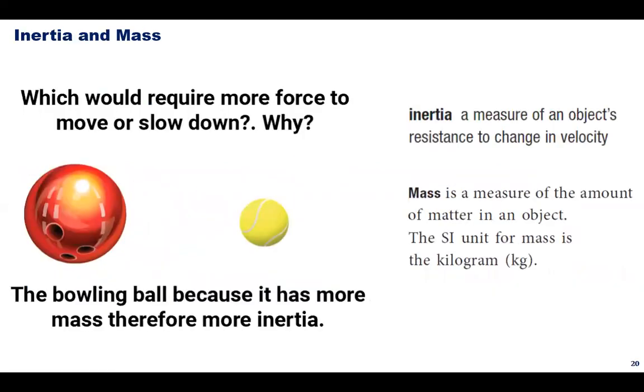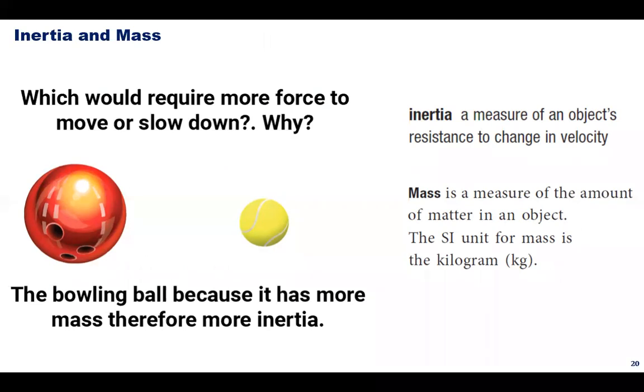Next, let's have a look at the concepts of inertia and mass. Galileo introduced the concept of inertia, and Newton used this concept to develop his first law of motion. Inertia is a property of matter that causes an object to resist any changes in motion.